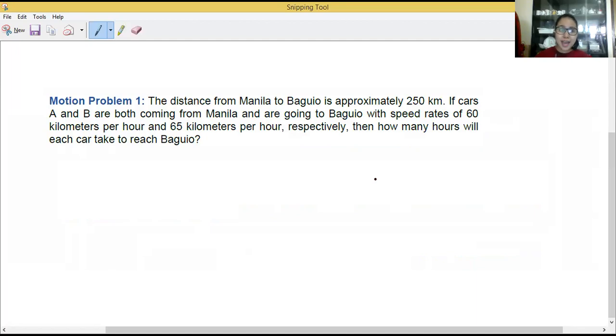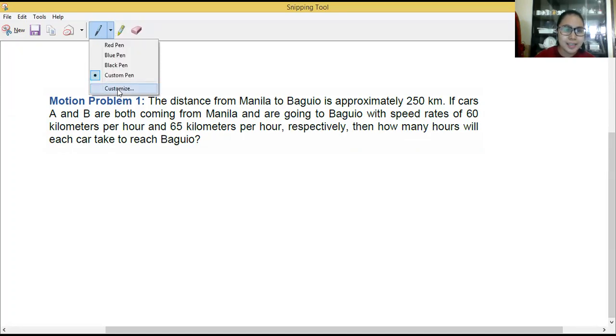If cars A and B are both coming from Manila and are going to Baguio with speed rates of 60 kph or kilometers per hour and 65 kilometers per hour respectively, then how many hours will each car take to reach Baguio?